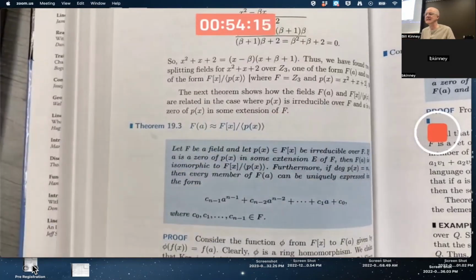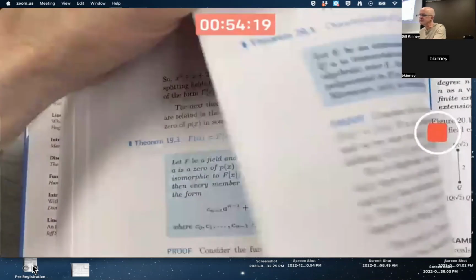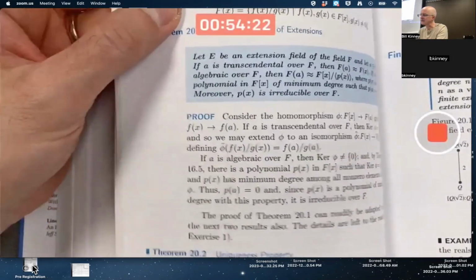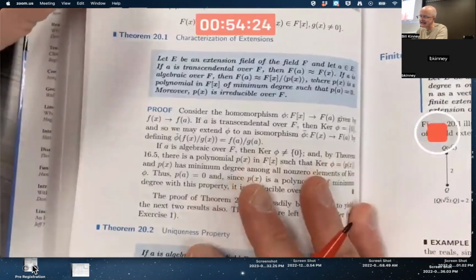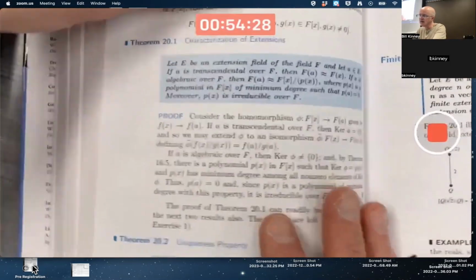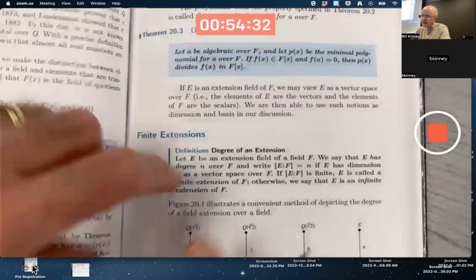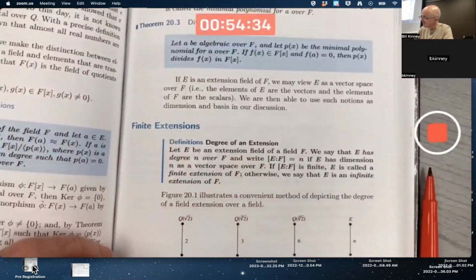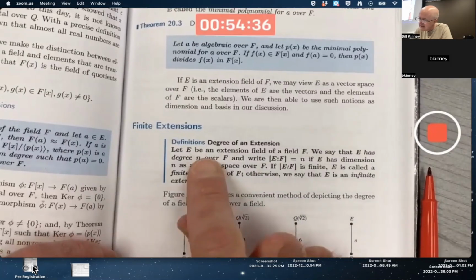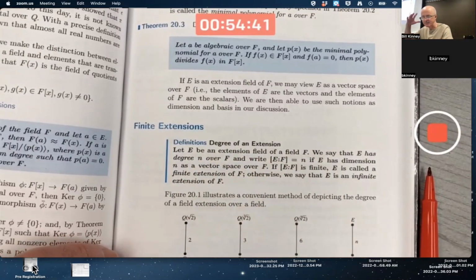Is this vector space stuff relevant now? That's our last 10, 12 minutes or so here. Spend a little time with this definition here. The degree of an extension. Let E be an extension field of F. F is the base field. E is an extension, bigger.